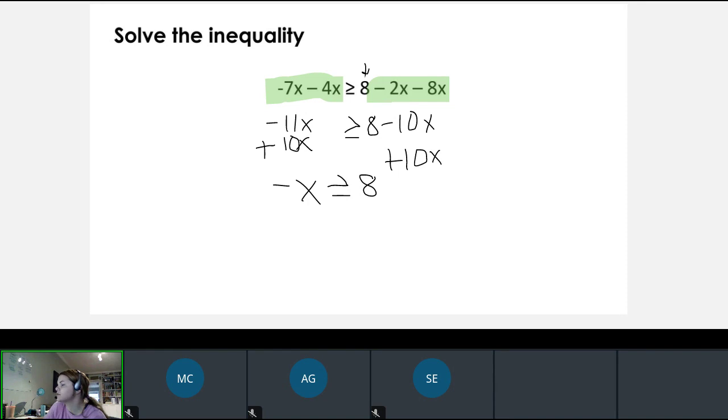So now we're almost finished, except the only problem is we have a negative x value, but remember, we want to solve for just x. We don't want to have a negative in there. So we are going to divide everything by a negative 1 to get rid of that negative value.